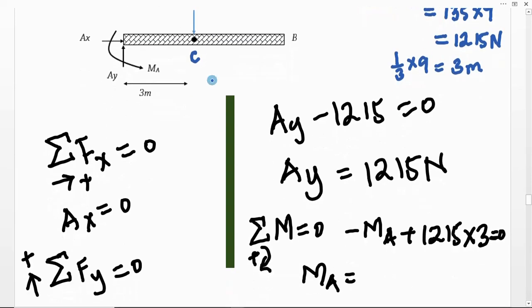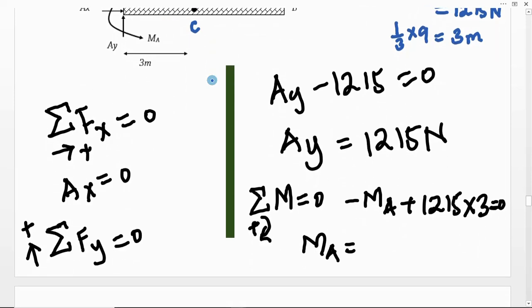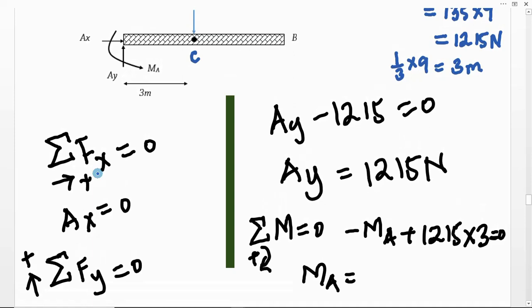So considering the free body diagram, we need to apply equilibrium conditions. Sum of forces in the horizontal direction, taking the positive x direction forces to be positive, then we will have a force AX that acts in the horizontal direction, and that AX is equal to 0.